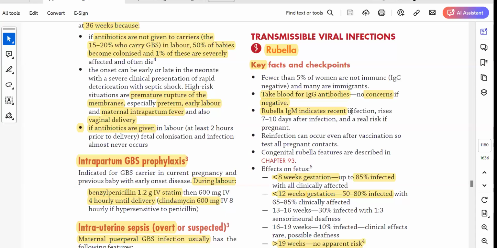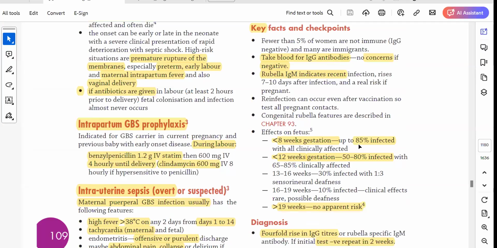If a pregnant patient comes in contact with someone who is diagnosed with rubella, and the pregnant mother also ends up getting rubella, especially in the 1st trimester, then there is an 80% chance that it will go to the baby and baby will turn into a congenital rubella syndrome baby.